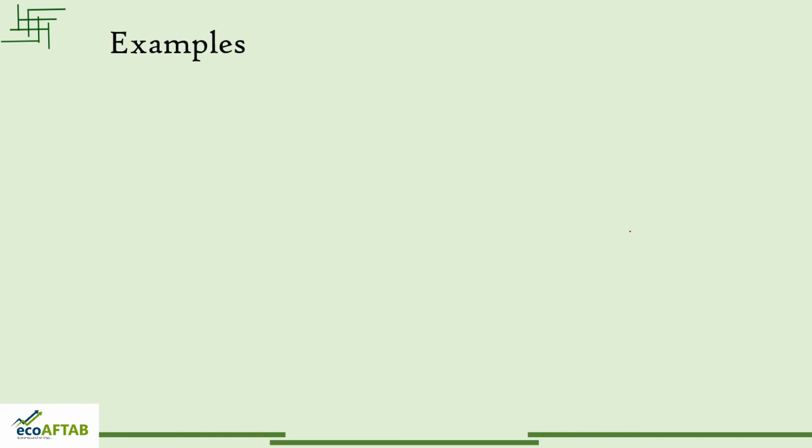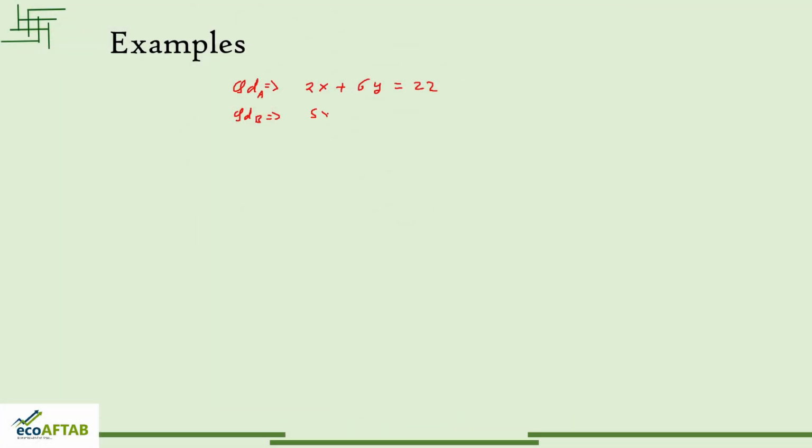Let us see one simple example. Now, why and where do we make use of matrices? 2x plus 6y is equal to 22, and 5x plus y is equal to 53.